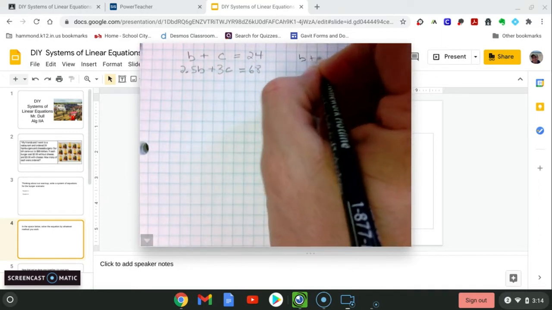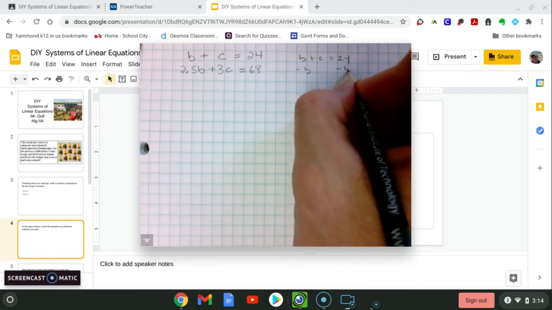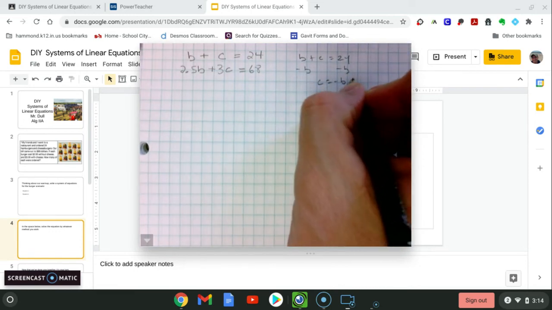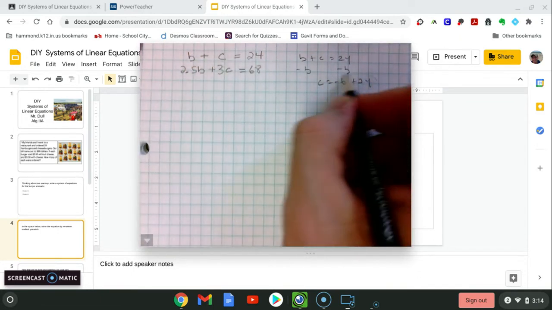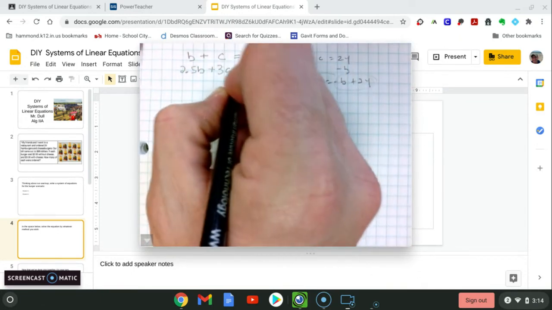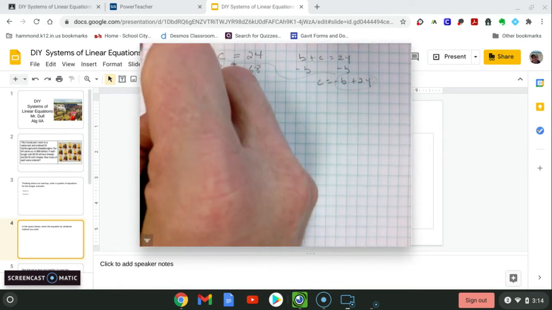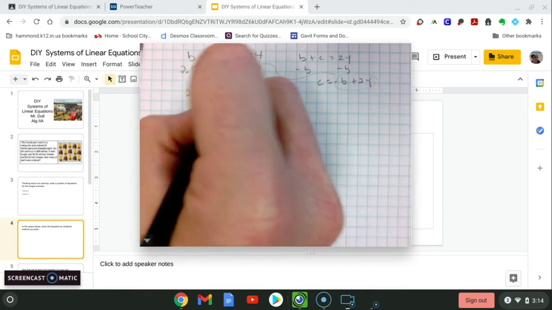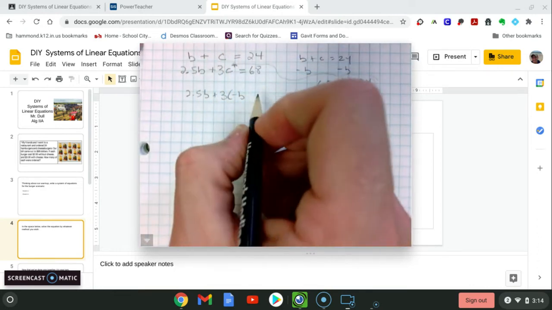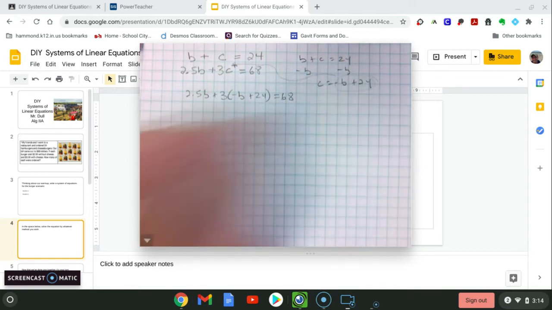So B plus C equals 24. Subtract B on both sides, and C equals -B plus 24. So this expression goes into this equation in place of C. So I have 2.5B plus 3 times (-B plus 24) equals 68.